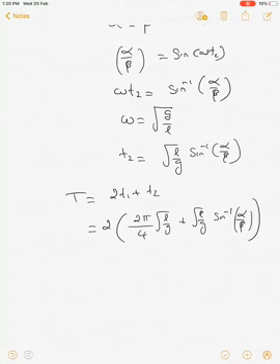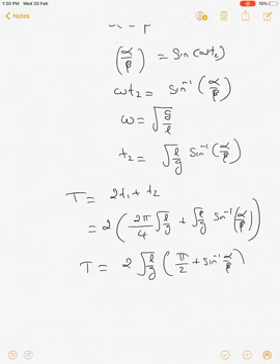So you can write T is equal to 2 under root of L divided by g into (pi divided by 2 plus sine inverse of alpha divided by beta).